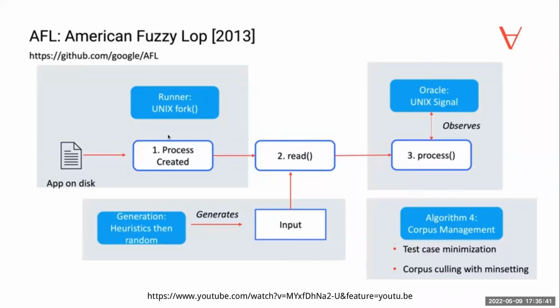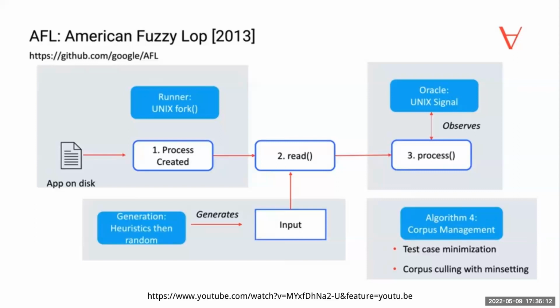I think AFL was developed on top of LLVM, I believe. Anyway, to use AFL, you need the target program source code. Then AFL is going to instrument that source code to change it. For example, that program will never fork.